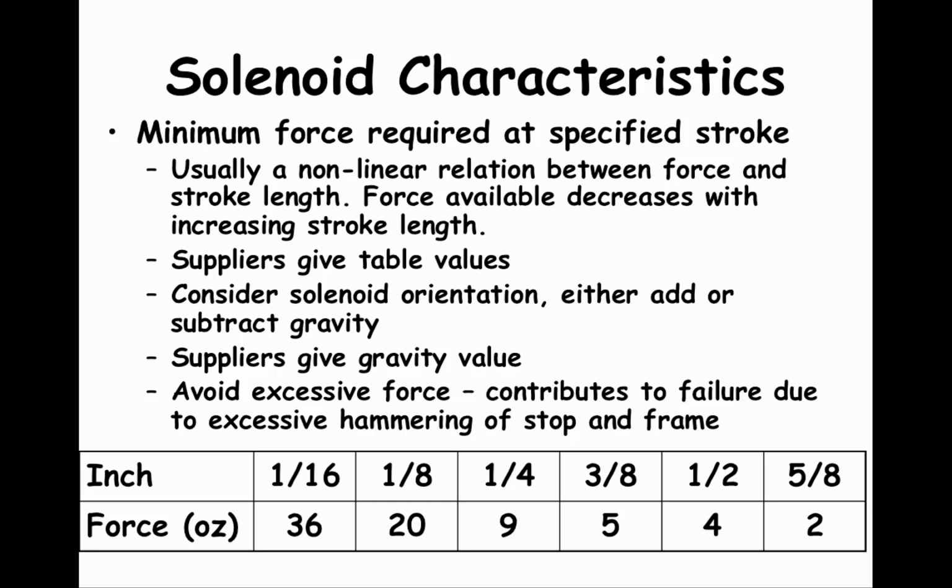You need to check if the suppliers give a gravity value. Another thing to avoid when selecting solenoids is purchasing excess force. If the solenoid coil generates excess force, the continuous hammering of the stop and frame leads to premature failure.